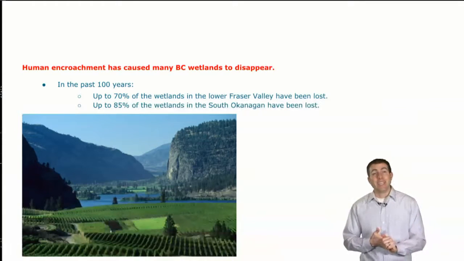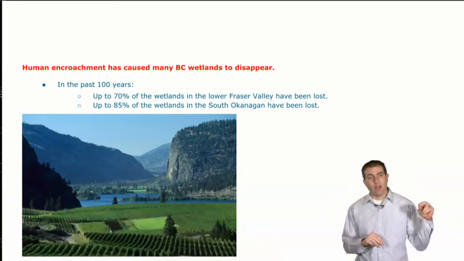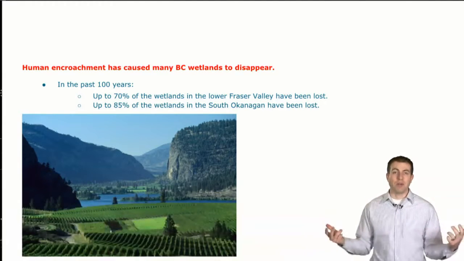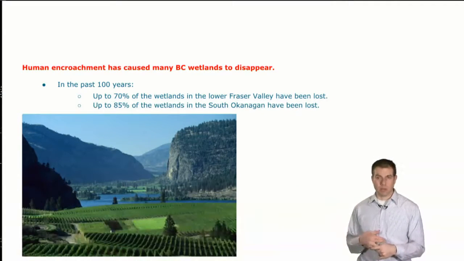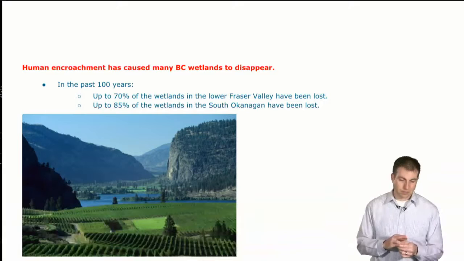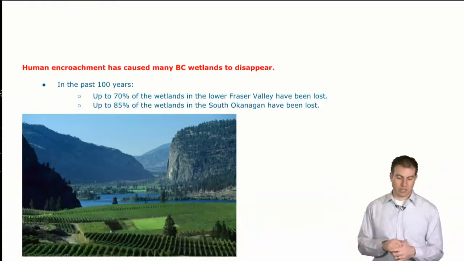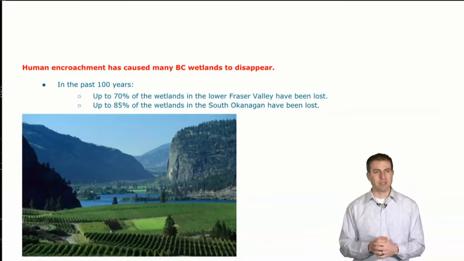So looking at the picture, thinking about what the areas of South Okanagan and the Fraser Valley have in common, what happened to all the wetlands? Where did they go? Did they just dry up and disappear, or did something else happen to them? You can get some ideas, possibly, from the picture. What happens in the Fraser Valley? What happens in the South Okanagan?